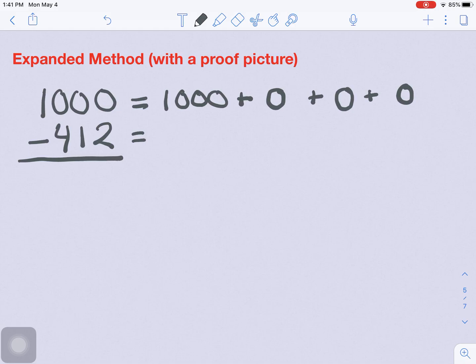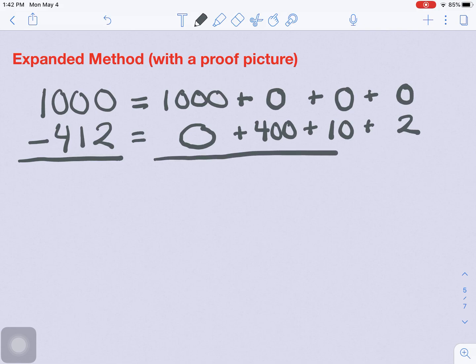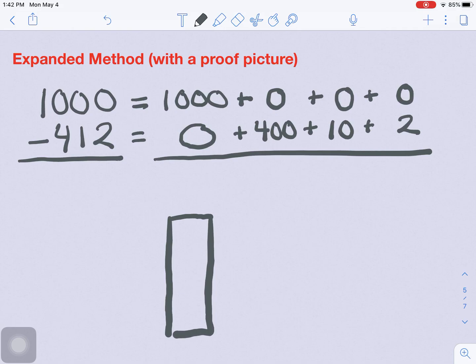Okay? In 412 expanded, I don't have any in the thousands place. I do have 400 in the hundreds place. I have 10 in the tens place, and I have 2 ones. So again, if I had my big proof picture, that's what I would have started with, is my 1,000.